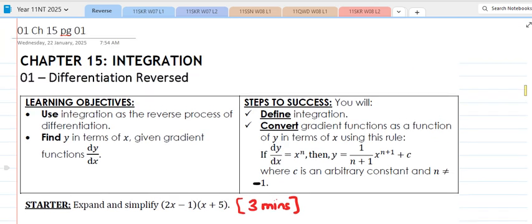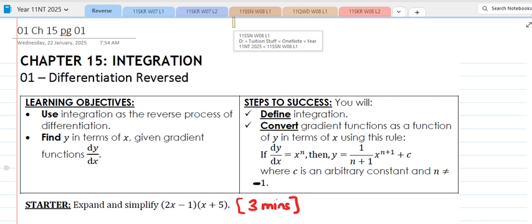In this video, the learning objective for this topic is to use integration as the reverse process of differentiation, and also you have to find y in terms of x given the gradient function dy/dx. So in the steps to success, other than to define integration, you are going to convert gradient functions into a function of y in terms of x using this rule.